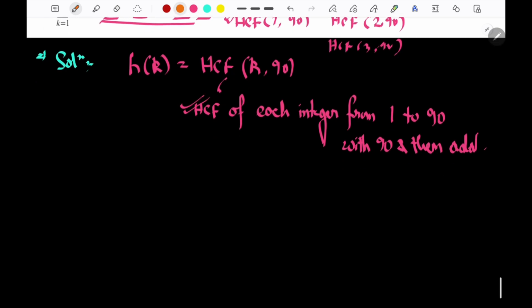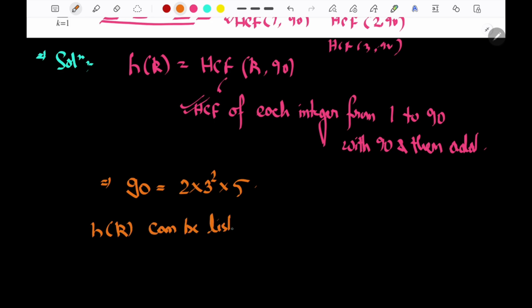The technique lies here. We can say 90 has prime factorization 2 into 3 square into 5. True or not? Correct. Now we can do one thing. Can we list the values of h of k? It can be listed as groupings, groupings based on HCF value.